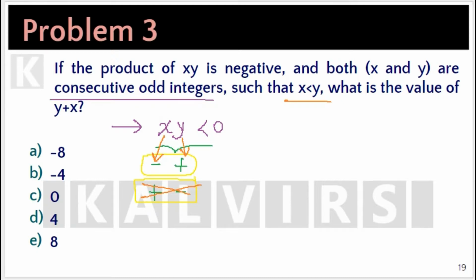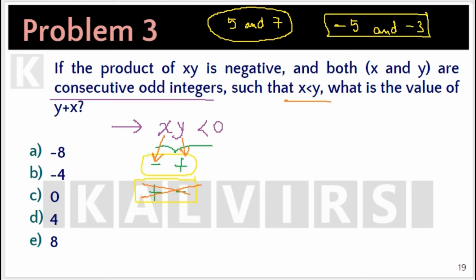Which of the following numbers is a pair of consecutive odd integers? 5 and 7 is an example of a pair of consecutive odd integers. Another example might be -5 and -3. This is another pair of consecutive odd integers.